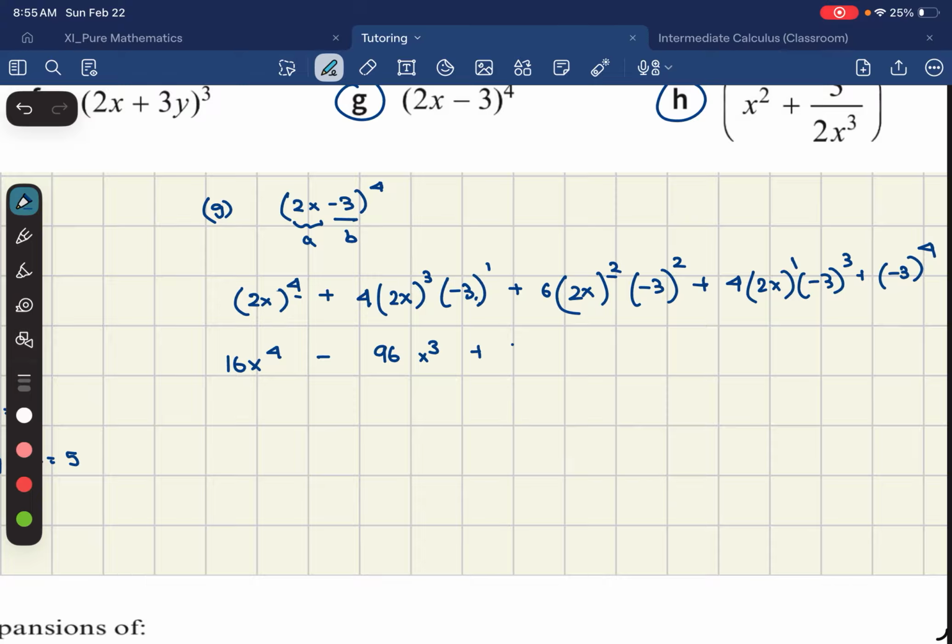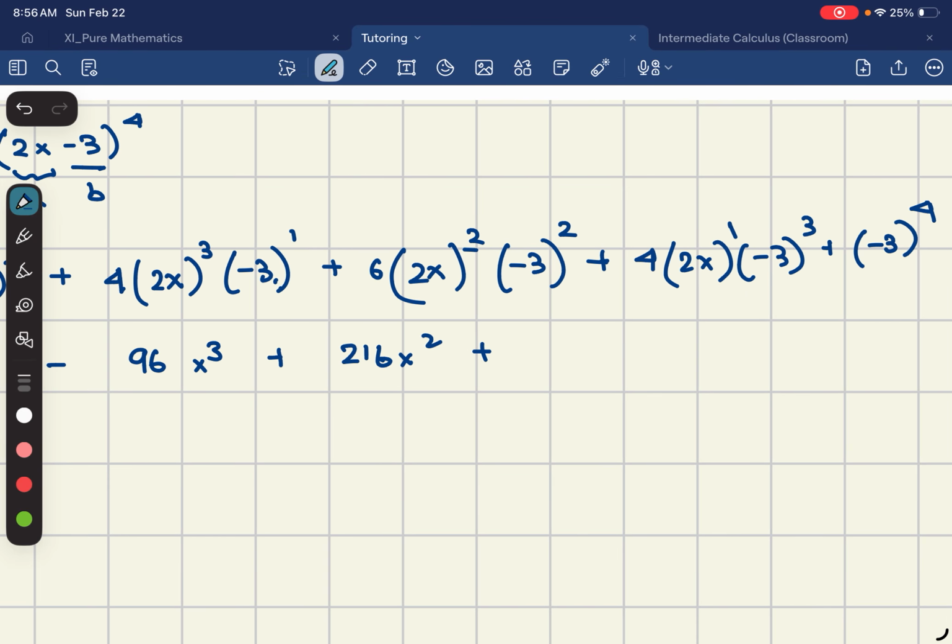And then next you have 6 times 2 squared, which is 4, so the square term evaluates to 4x squared times 9. So 6 times 36, I believe. 9 times 4 times 6 is 216. So you have 216x squared plus 4 times 2 times negative 27, which gives you negative 216.